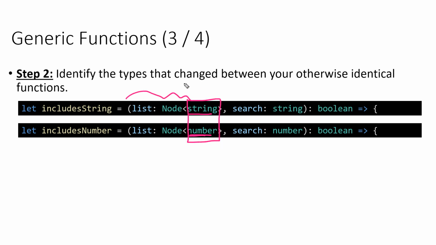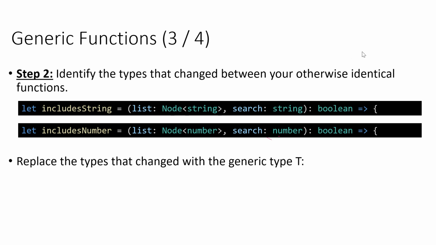Otherwise, these were exactly redundant in their name and type. And similarly, the types for the second parameter were different, right? And notice that there's a correspondence here. We're searching for a string in a list of type node string. We're searching for a number in a list whose type of node is specifically number, right? So there's a correspondence there.